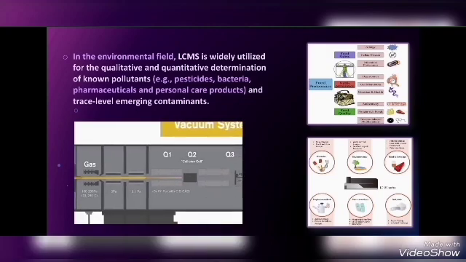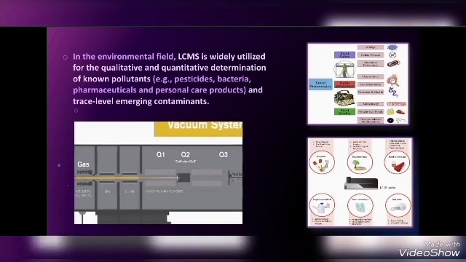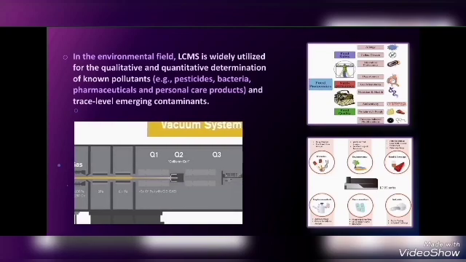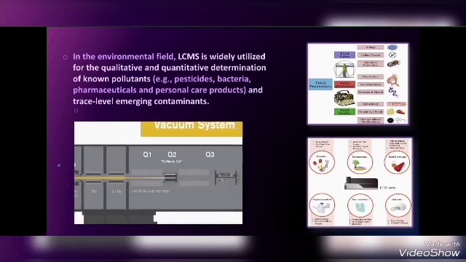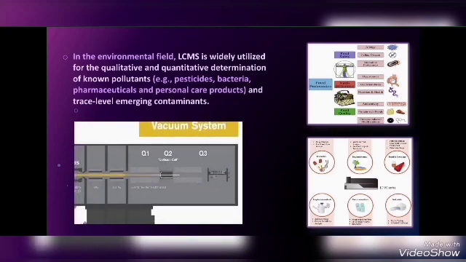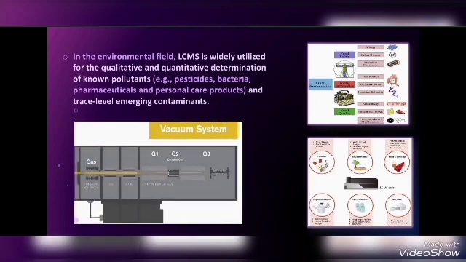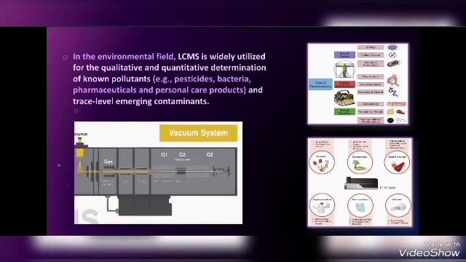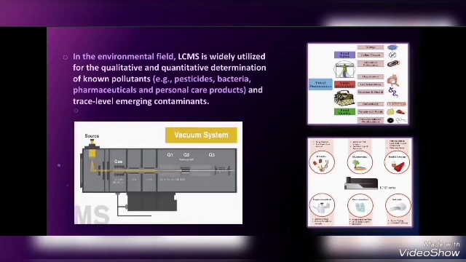In Q2 it's called the collision cell and it has magnetic and electric energy, and then we move to Q3, then to the detector. In which molecules have a unique fragmentation. Then the mass is measured.